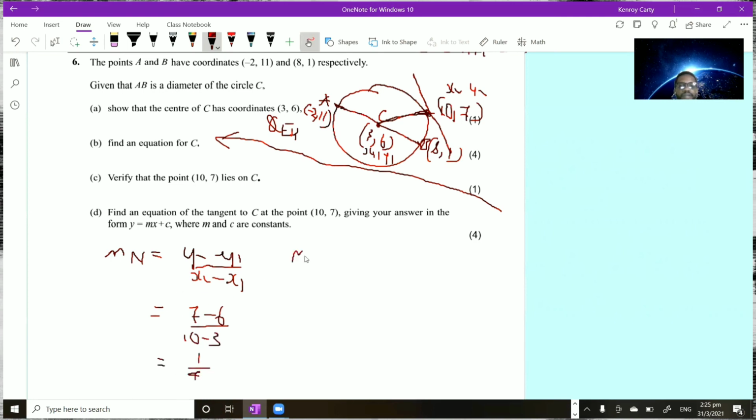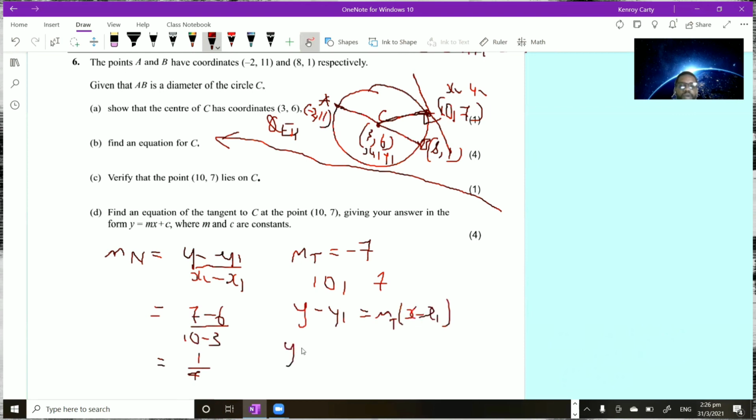But that's the gradient of the normal. I'm not interested in the normal, I'm interested in the tangent. Now, because the normal and the tangent are perpendicular, the gradient of one is the negative reciprocal of the other. So the gradient of the tangent is negative 7. All right. The tangent passes through 10, 7. So we can get right into it. So y minus y1 equals mt, which is the gradient of the tangent, into x minus x1.